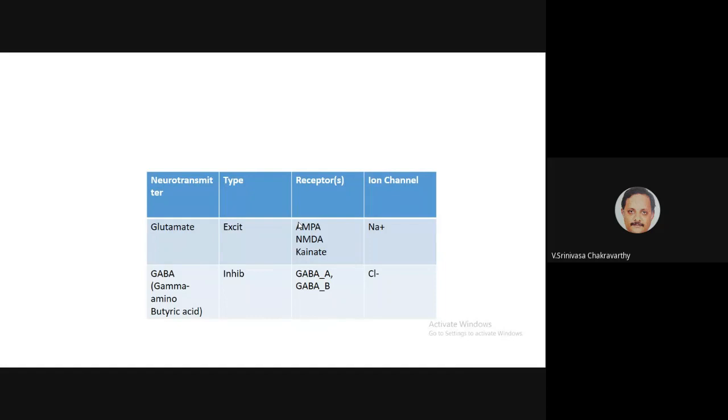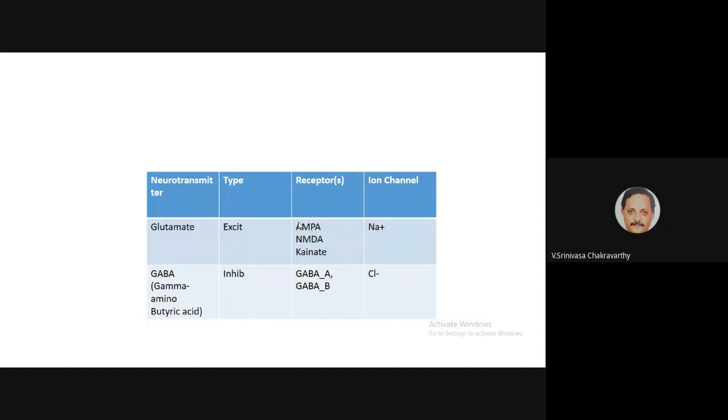Now, one of the most commonly found excitatory neurotransmitters is glutamate, and it has many receptors. The neurotransmitter to receptor relationship is not one-to-one. For a given neurotransmitter, you can have multiple receptors. For example, for glutamate, there are 3 major receptor classes called AMPA, NMDA, and kainate.